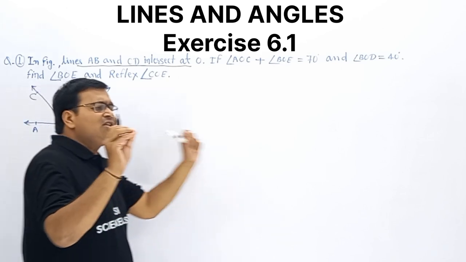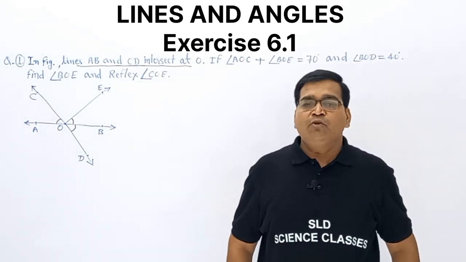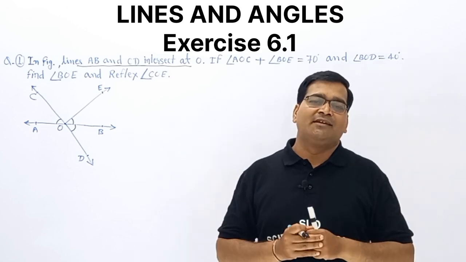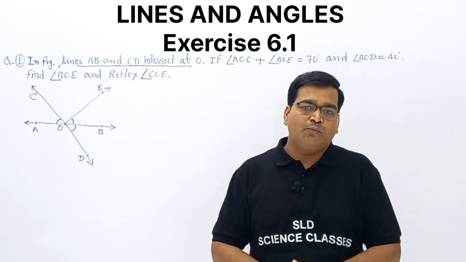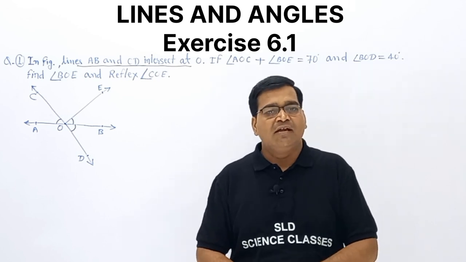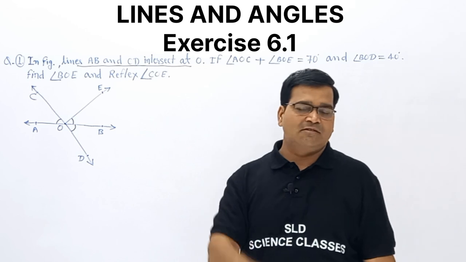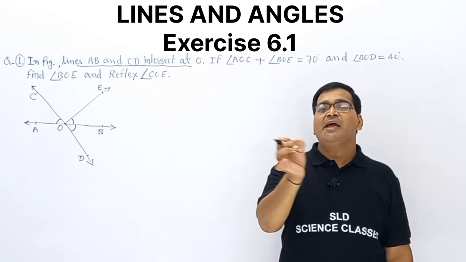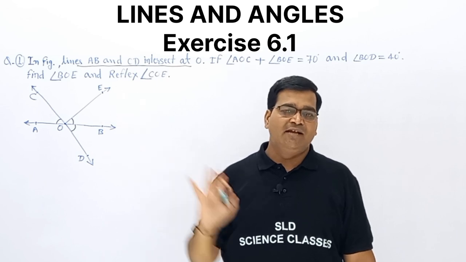So, it is easy once you observe the given data and the concepts we already studied. What concepts did we study? Only two main concepts we will use in this exercise. Number one, linear pair of angles. And number two, vertically opposite angles.